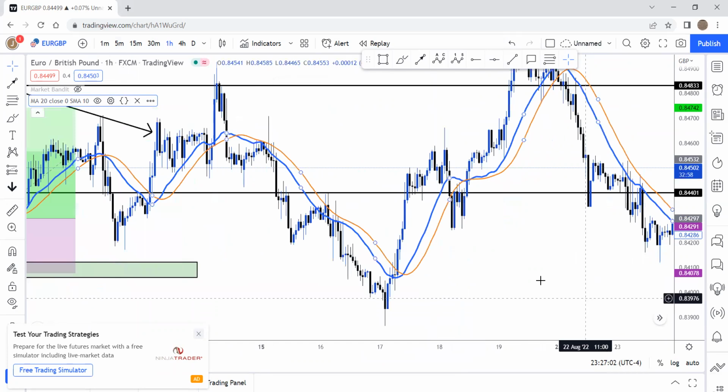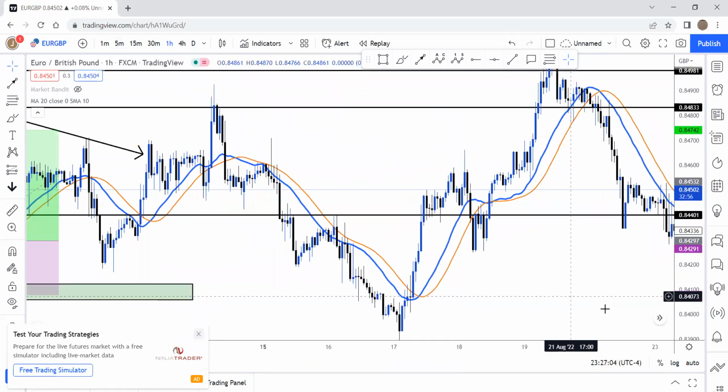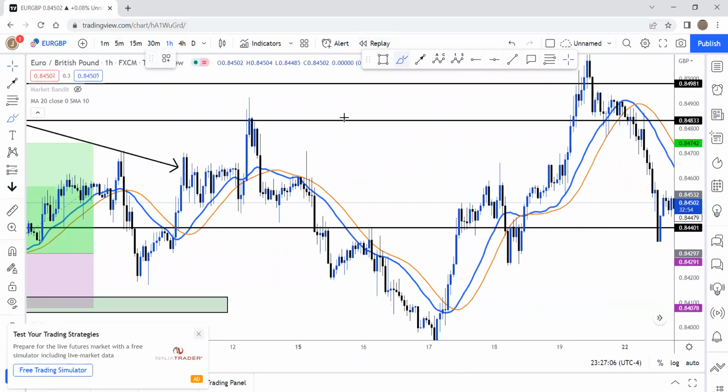One of the best things, guys, you can use is when price is crossing over. The blue represents the 10 moving average, the orange represents the 20. So this is how you can use a moving average to help you trade a little bit better.